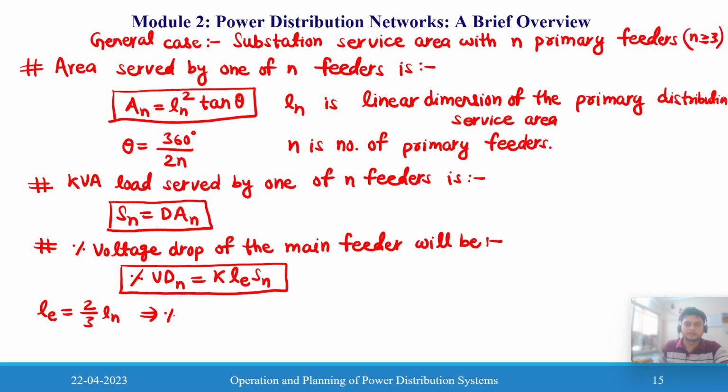Therefore, we can write the percentage voltage drop as K into 2 by 3 of Ln into Sn, and Sn we can write as D An. Percentage voltage drop will be K into 2 by 3 Ln D An, and further An we can write in terms of tan theta.